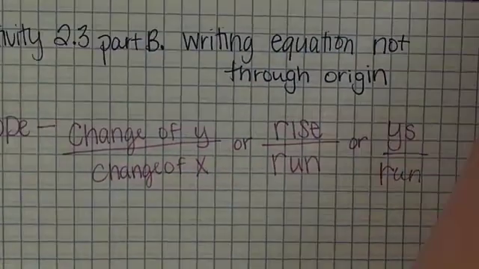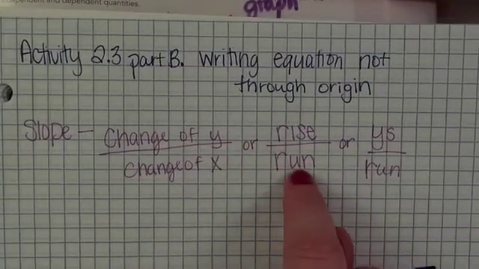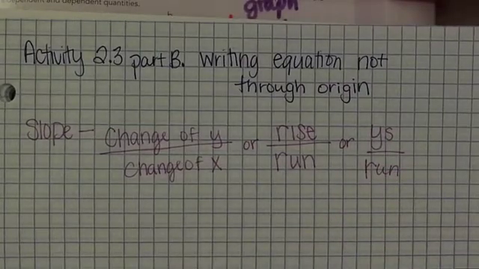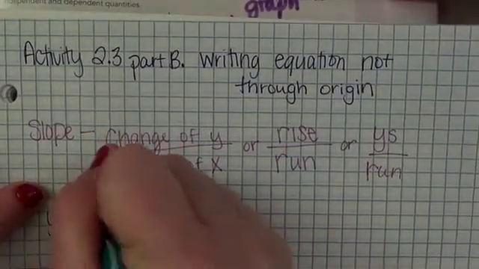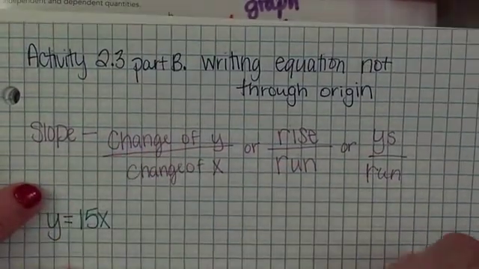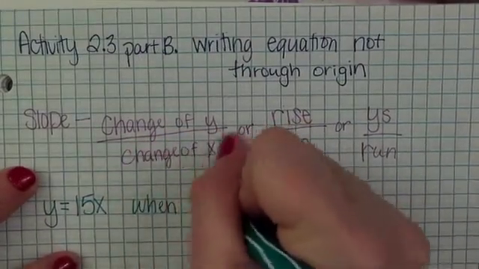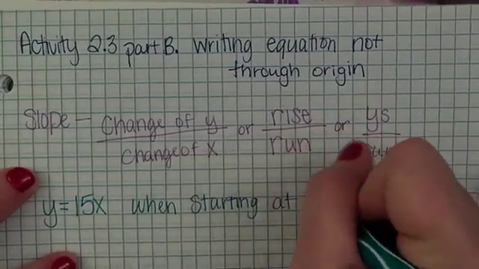So the slope is change of y over change of x, or rise over run. So our first equation we wrote was y equals 15x when starting at 0.